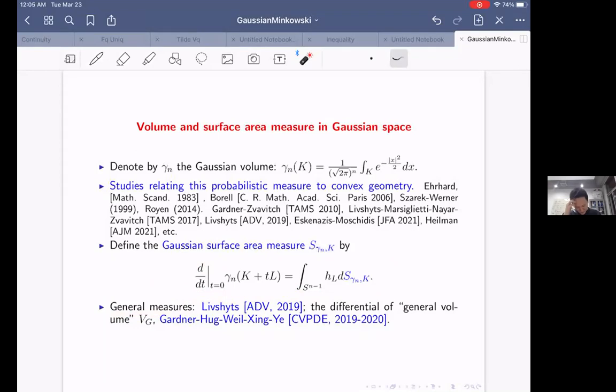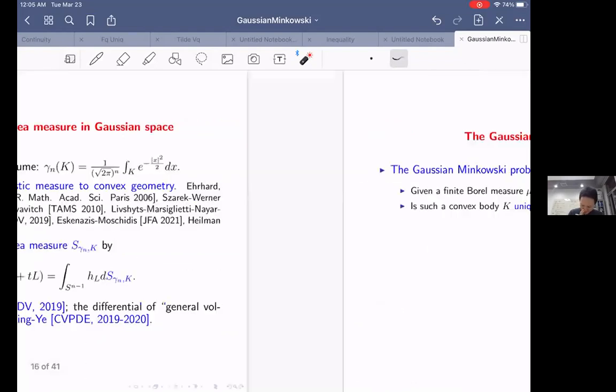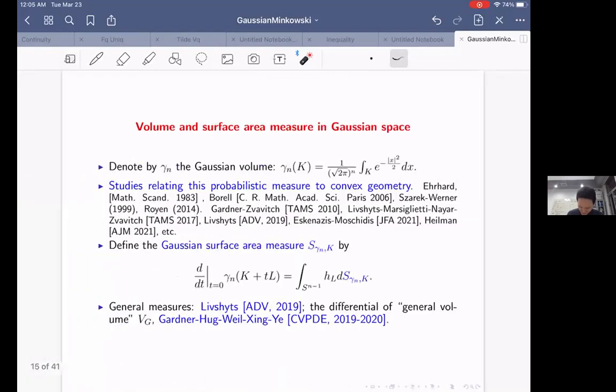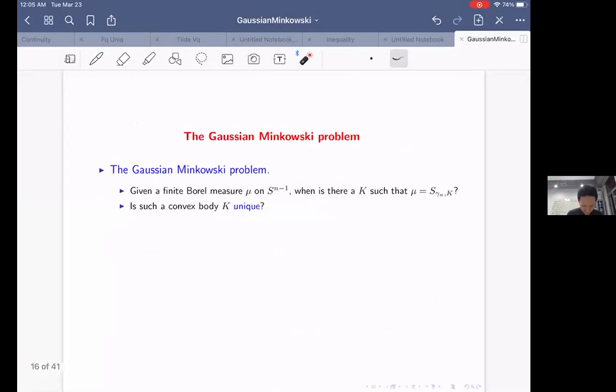And Gardner, Hug, Weil, Xing, and Ye also studied the Orlicz Minkowski problem, and they defined the general volumes. And if the function g in their paper is chosen to be some special function, they can also recover this measure. But it seems that there is no one to focus on the Gaussian Minkowski problem.